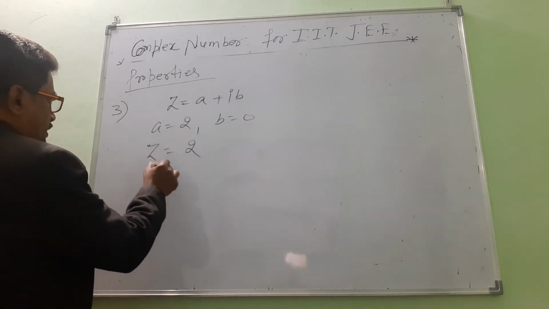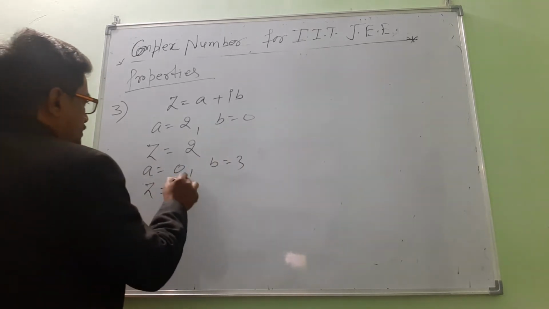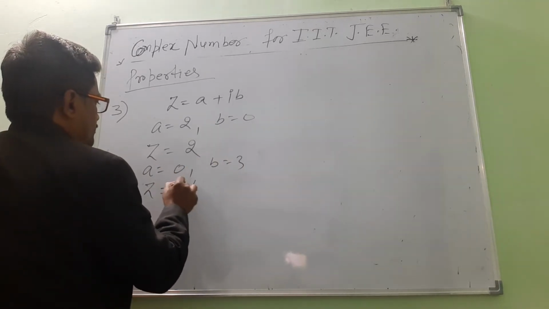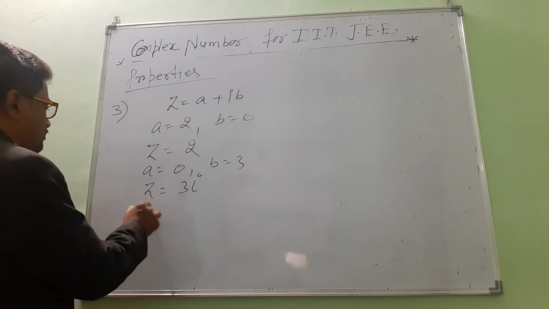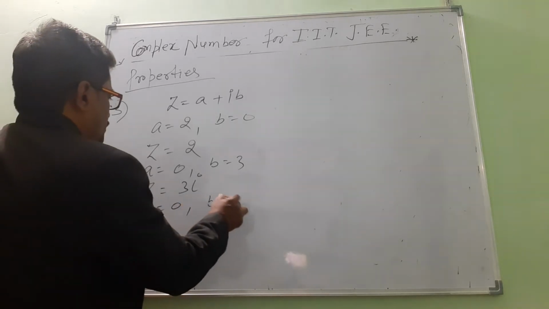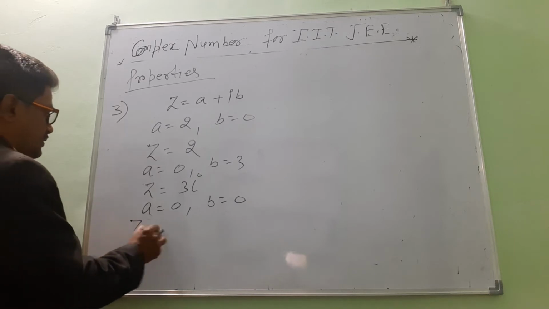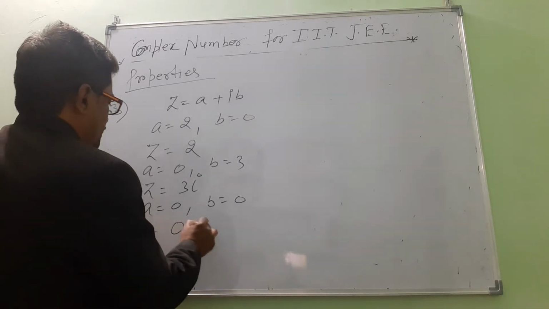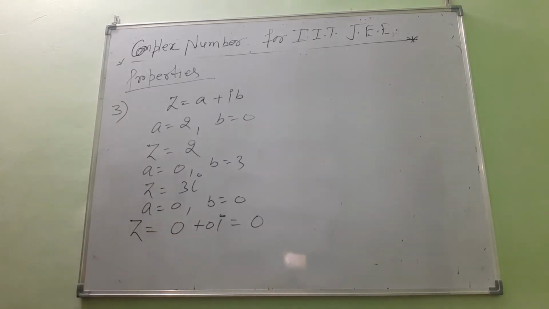If we put a equal to 0, b equal to 3, we get 3 iota, a purely imaginary number. Now I ask you, if we put a equals 0, b equals 0, what will we get? We will get z equals 0 plus 0 iota, which means 0.